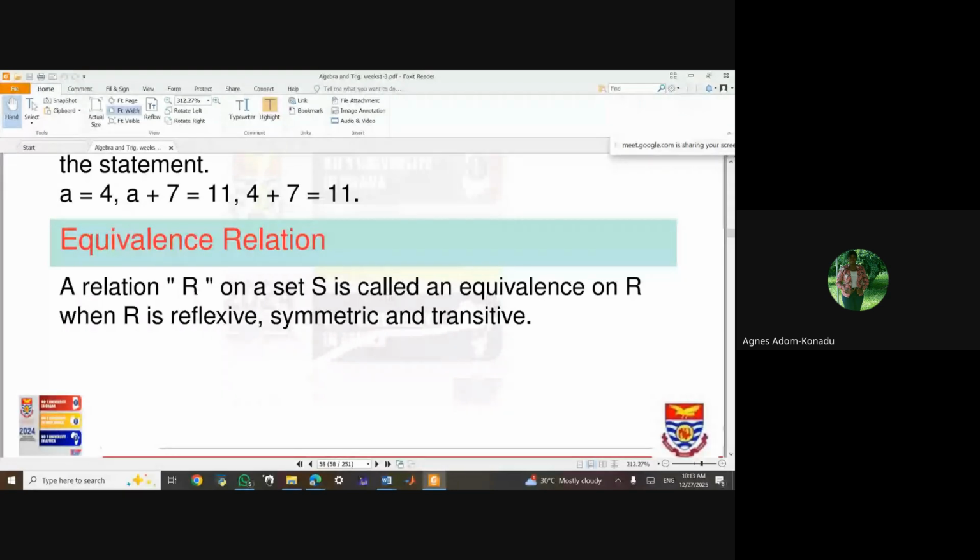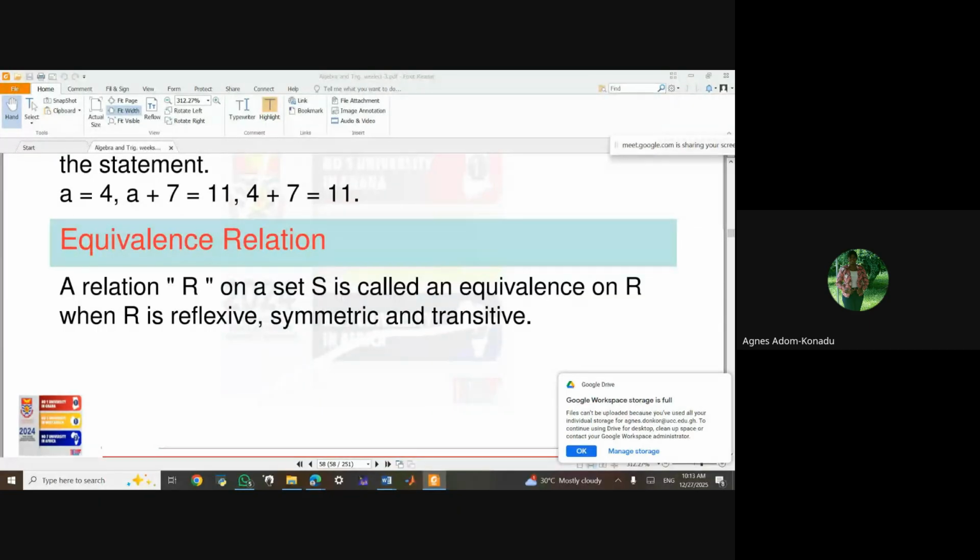Then we have what we call an equivalence relation. A relation R on a set S is called an equivalence relation when R is reflexive. So when you are given a relation and you want to find out if it is an equivalence relation, first you have to prove that the relation obeys the reflexive property.